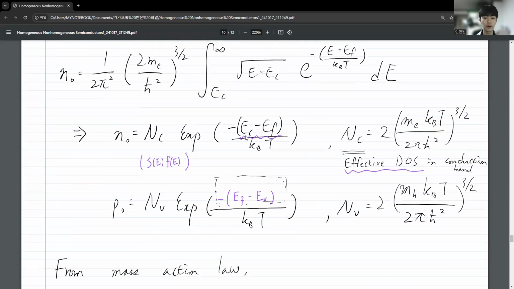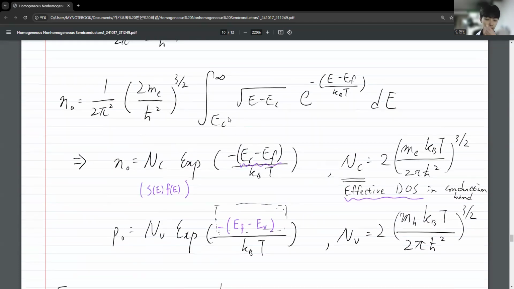The electron concentration n0 equals NC times exponential of minus the conduction band minus the Fermi energy level over kBT, where kB is the Boltzmann constant.